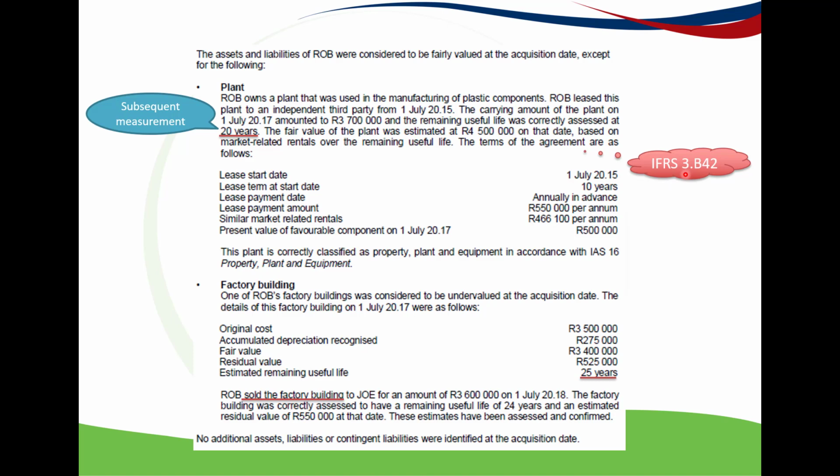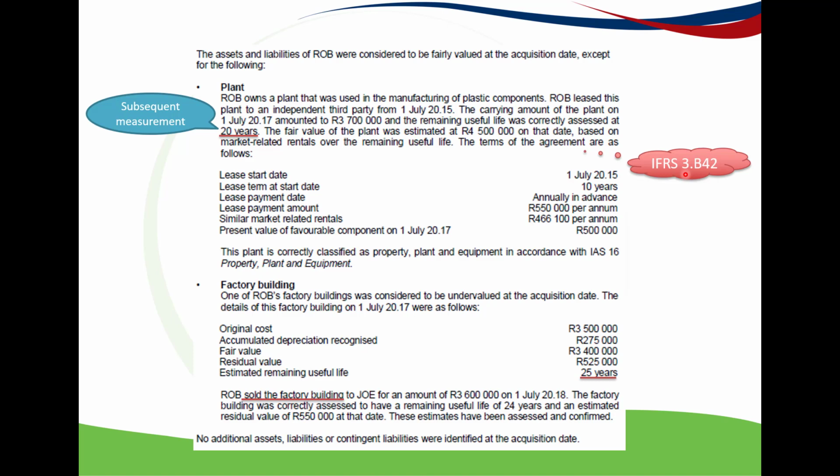In measuring the acquisition date fair value of an asset, such as a building or a patent that is subject to an operating lease in which the acquiree is the lessor, as in this case where it's the subsidiary's plant and it's leasing it to somebody else, then the acquirer shall take into account the terms of the lease. The acquirer does not recognize a separate asset or liability if the terms of the lease are either favorable or unfavorable when compared with market terms.